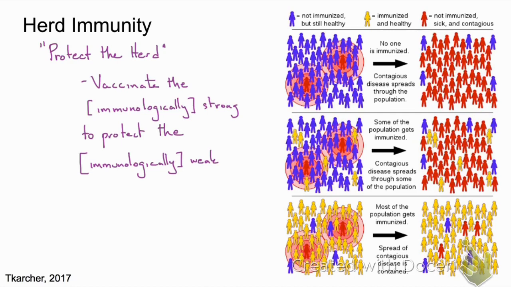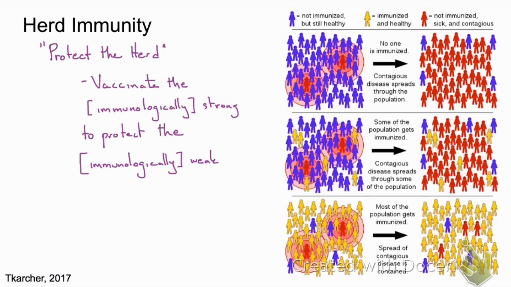Next, our second example down shows a population where maybe some people have been exposed to the pathogen and others have not, and yet still in this case here, we don't have enough of a population that has been exposed to the pathogen to protect the herd. But in the last example, what we find is a very high proportion of individuals that have been immunized.